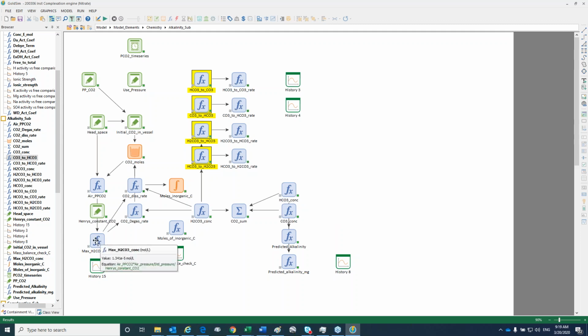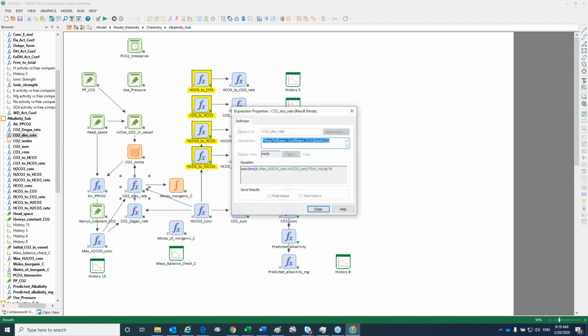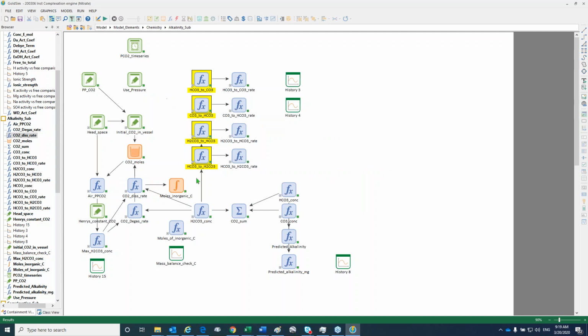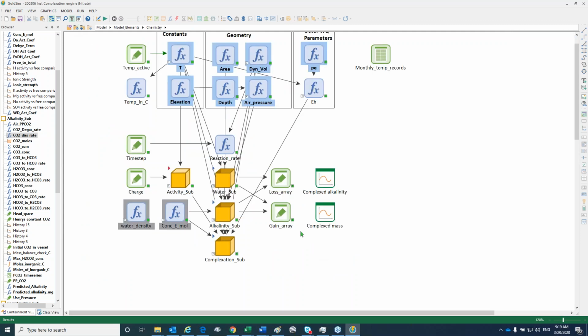The H2CO3 concentration can go up, but then it enforces a CO2 dissolution rate. So it'll always be adhered to, but not always in the same time step. There may be a brief period, over a few time steps, where the H2CO3 concentration exceeds what is expected, but it'll always get back to it.